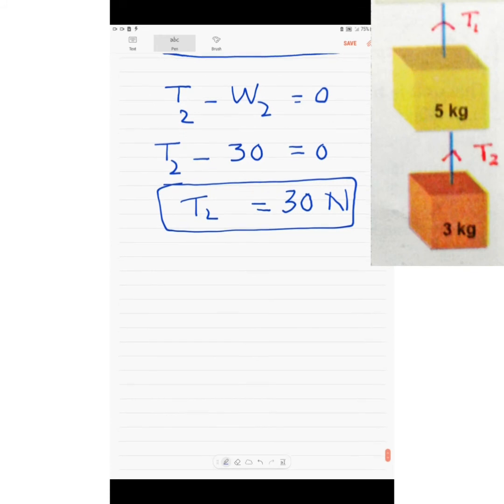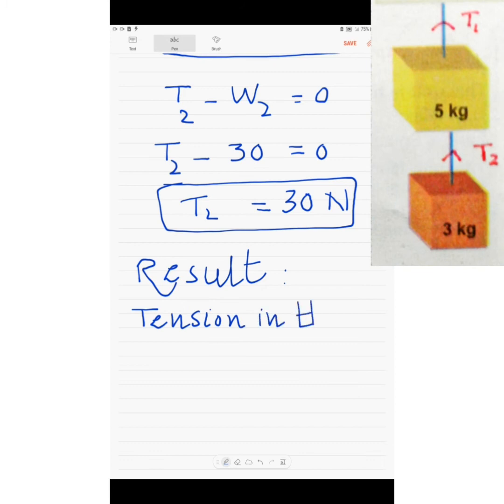Now you have to write the result. You write both of the results here. Tension in the first string is 80 Newton.